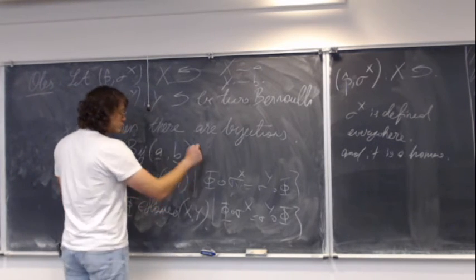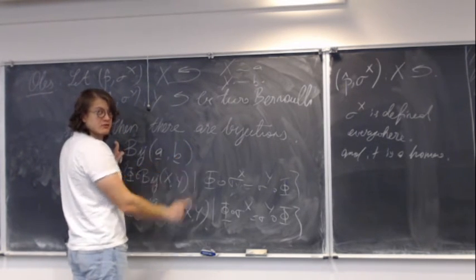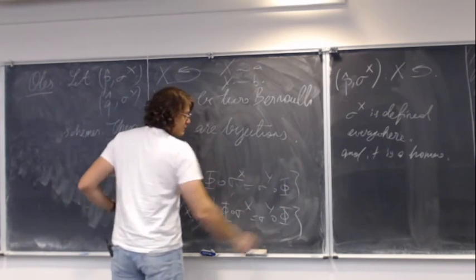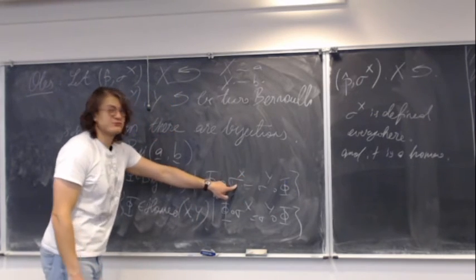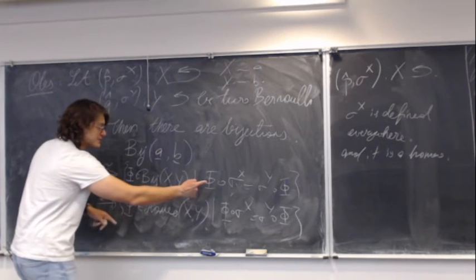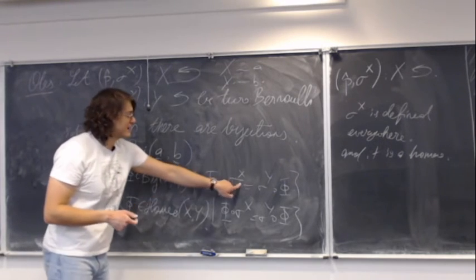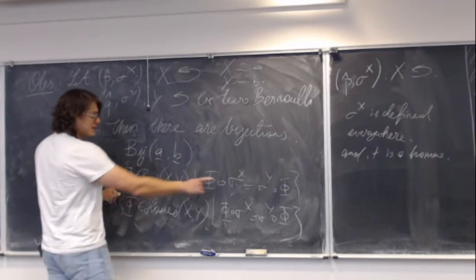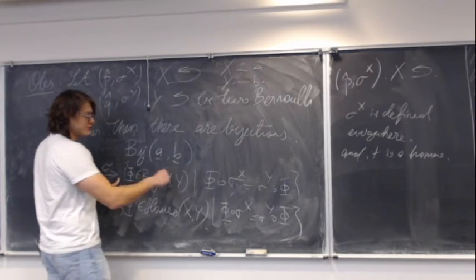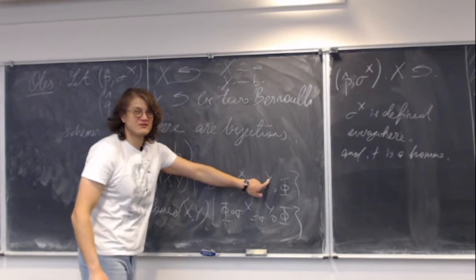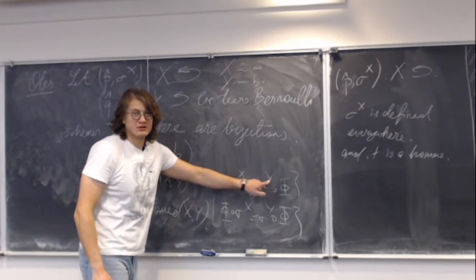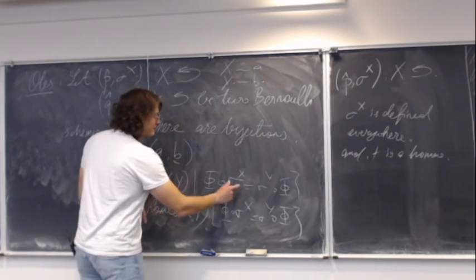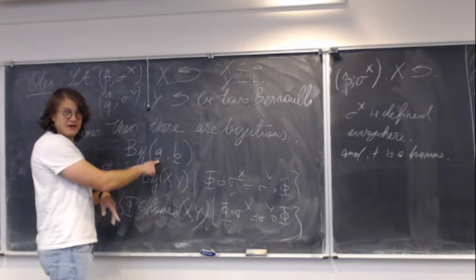Well, going from 2 to 1, how is that? Because if you have this, just look at the fixed points. If you have a bijection, any fixed point of sigma x has to be sent to a fixed point of sigma y. So any bijection here induces a bijection on the sets of fixed points of sigma x and sigma y. Well, the fixed points of sigma x, for instance, are in bijection with A underscore.